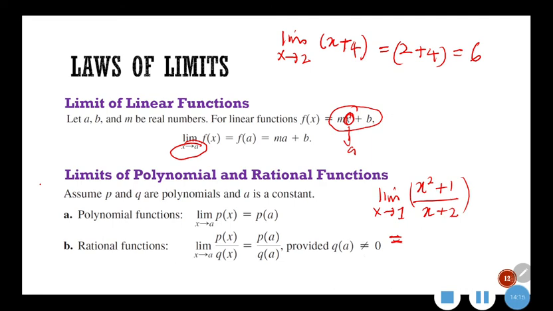So no issue, it's not going to be equal to 0. So to determine the limit, straight away you can replace x with 1. So 1 squared plus 1 over 1 plus 2. So what do you get? You get 2 over 3, right? Very straightforward. As long as there is no issue that when you substitute it's going to be equal to 0, then you can just proceed like this.